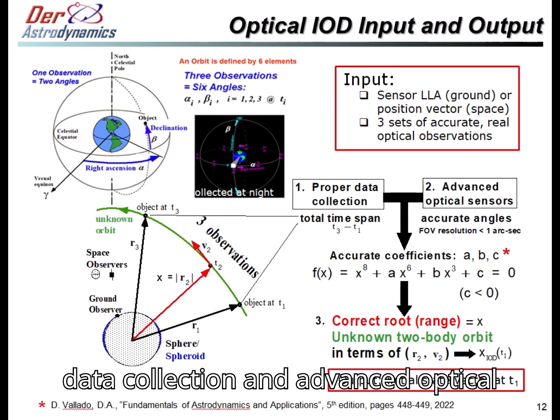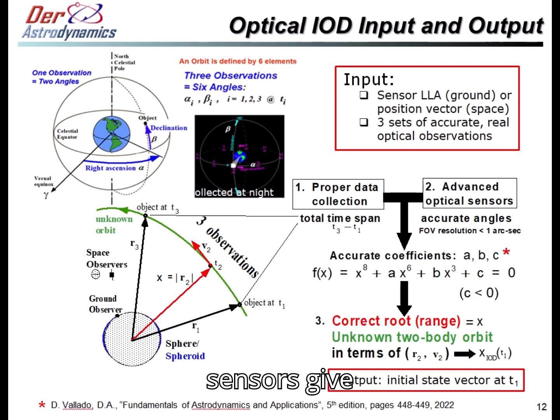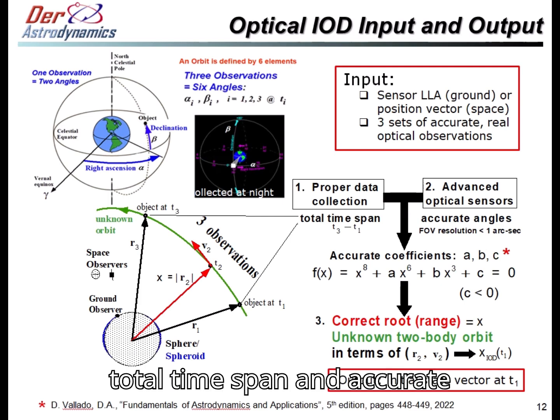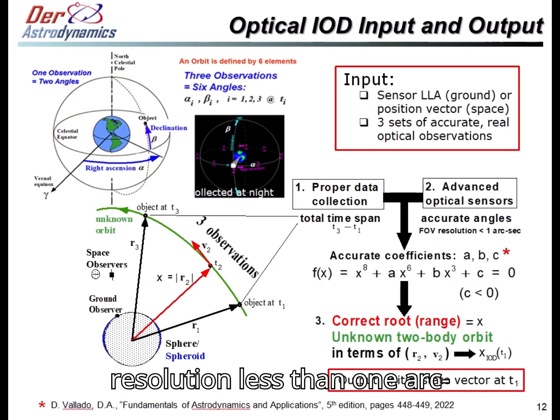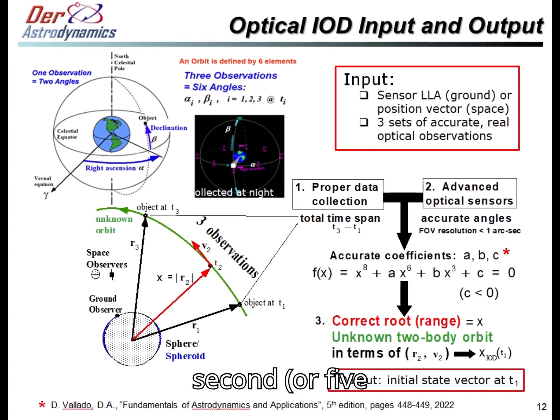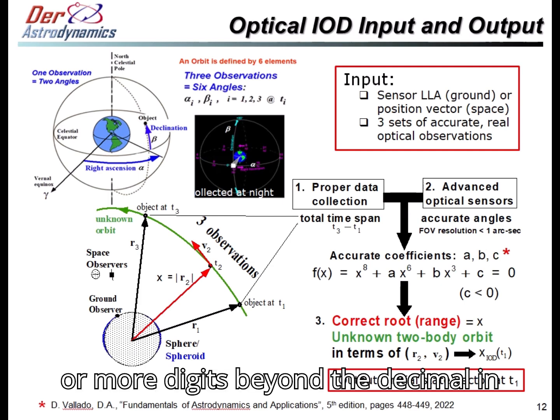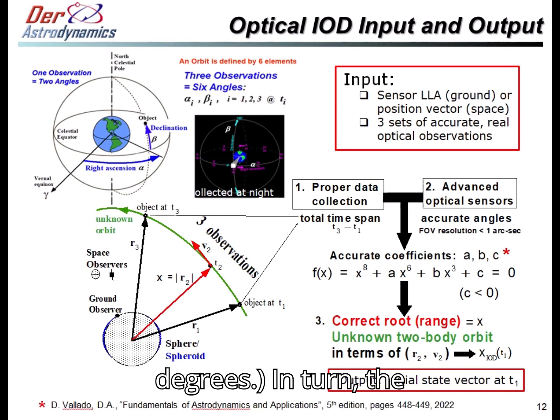Proper data collection and advanced optical sensors give respectively reasonable total time span and accurate angles of field of view resolution less than 1 arc second, or 5 or more digits beyond the decimal in degrees.